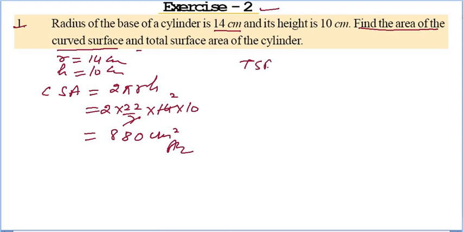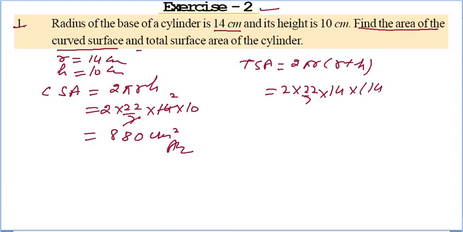Now TSA, total surface area, it is 2 pi R into (R plus H). Now put the value. 2 pi is 22 upon 7, and R is how much? 14. And here R is 14 plus H is 10. So 7 1 ja 7, 7 2 ja 14.